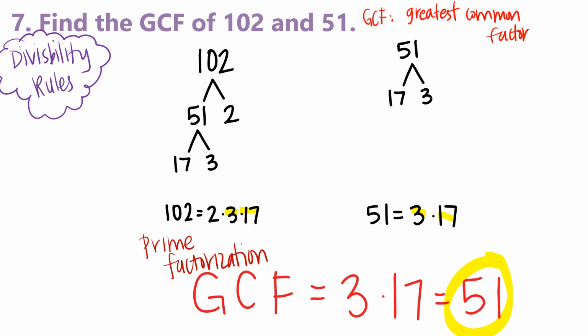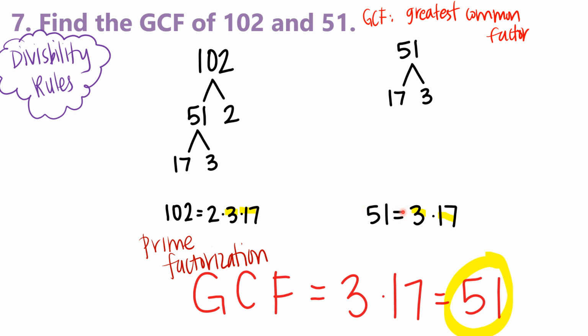So just to recap what we just did: you take both of the numbers, you make a little factor tree for them. Then you write them in their prime factorization form. I like to do smallest to biggest, just to keep them in order. So I've got 2 times 3 times 17 as the prime factorization for 102.